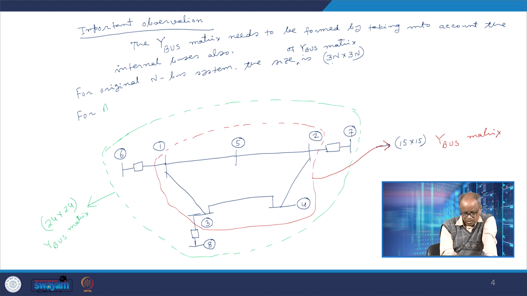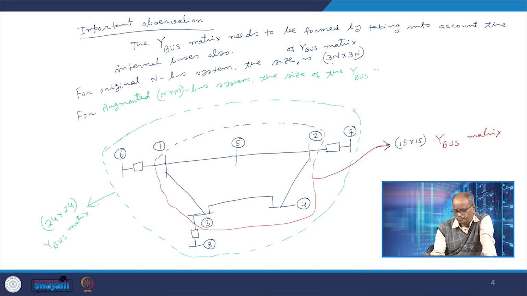So I should say that for an augmented n plus m bus system, because now my system size has enhanced from n to n plus m, the size of the Y bus matrix is essentially 3 into n plus m cross 3 into n plus m, right?